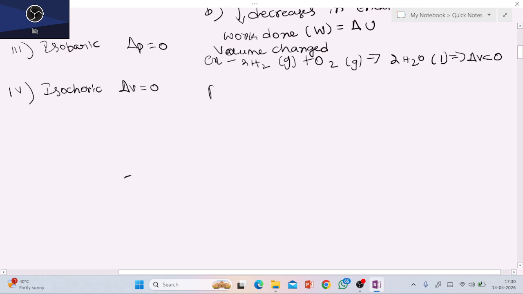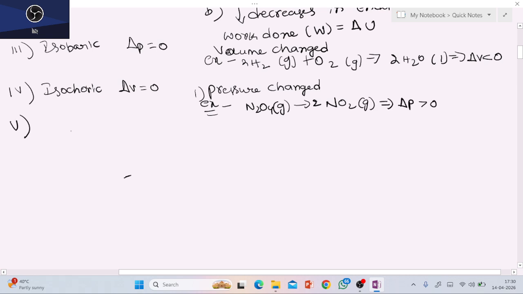As well as an example here, a reaction I would like to take: N2O4, which is in the gas state, and when it is reacted, it will produce nitrogen dioxide, which is in the gas state, which finally implies delta P here is commonly less than 0. Okay.